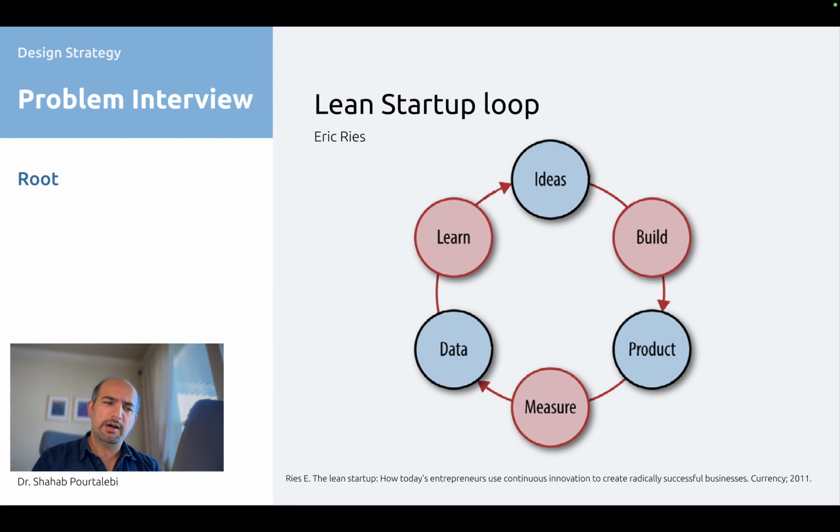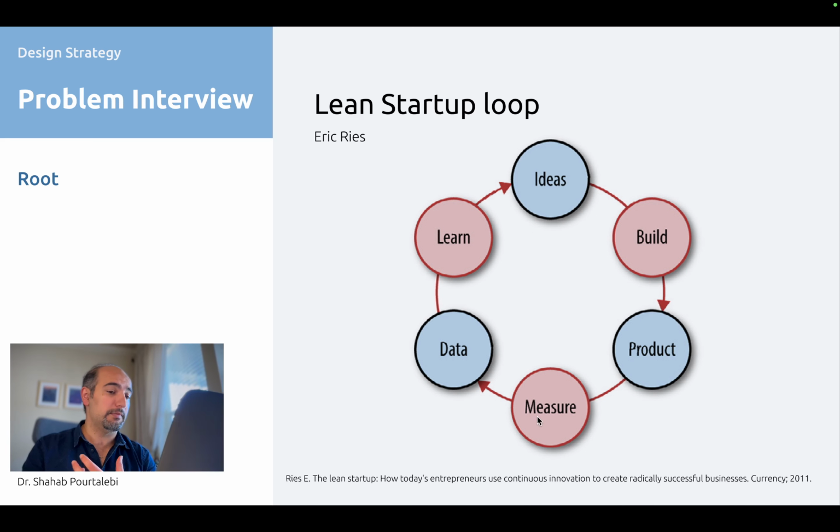But let's see where it comes from. Problem interview comes from this lean startup idea. And in lean startup, we have a loop. Everything is considered an iterative process, with cycles of actions. For example, we generate ideas, then we build a prototype, and then we use that prototype or product to measure with the users through some kind of user research.